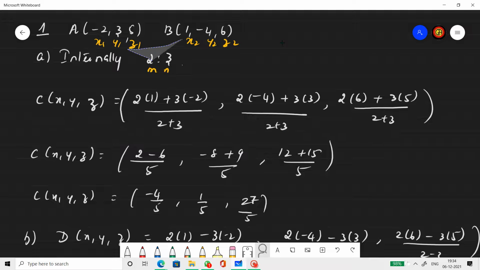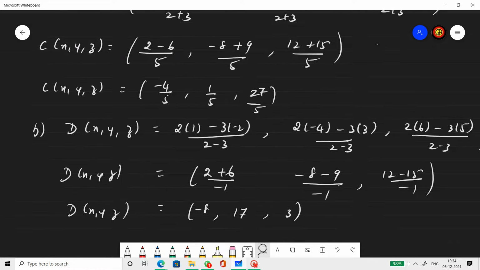So 2 times x2 plus 3 times x1 by 2 plus 3, 2 times y2 plus 3 times y1 by 2 plus 3, 2 times 6, that is z2, plus 3 times 5 by 2 plus 3. Then simplify them, you get the point C.